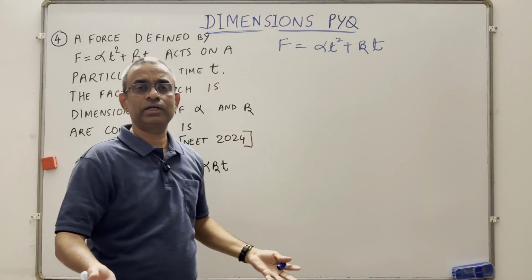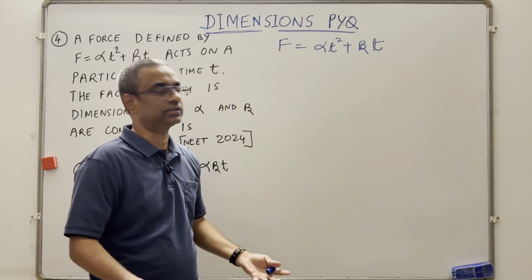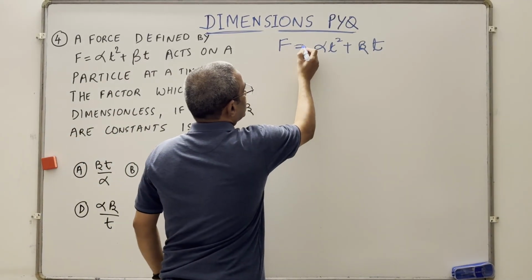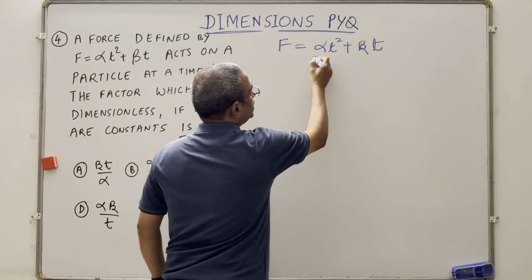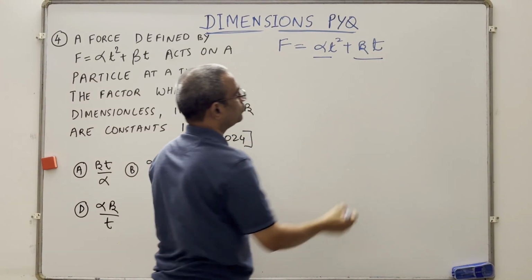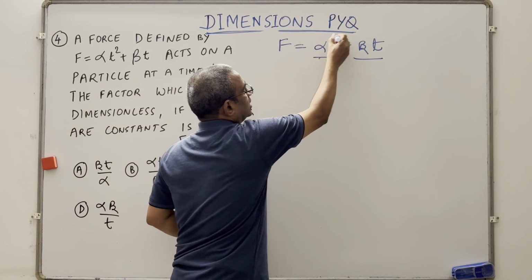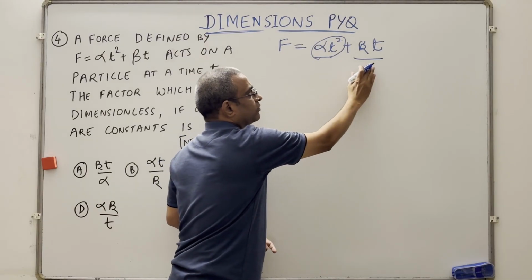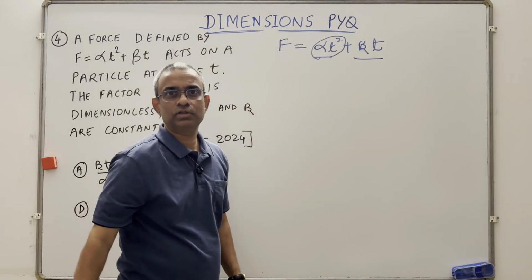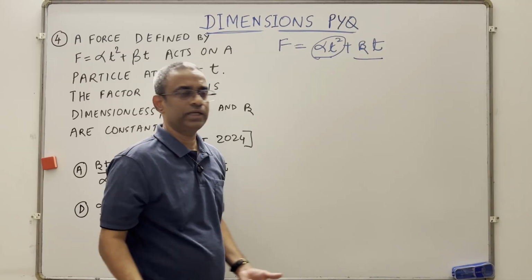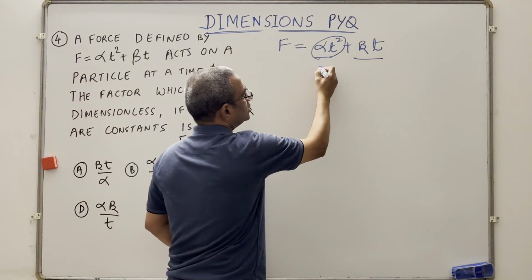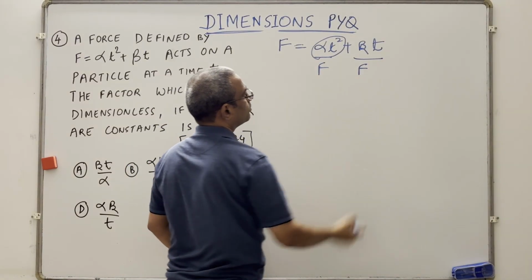That is the fundamentals of dimensional analysis. So if this is force, that means this is also force and this is also force, this entire thing. We can add only force and we get force. So that's the underlying principle. So that means this is also force and this is also force.